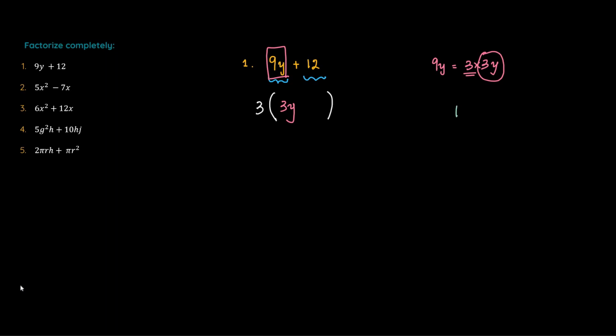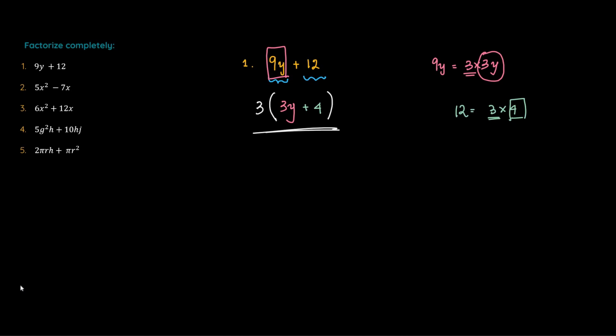Likewise, 12 can be interpreted as 3 times 4. Since I have taken this 3 as a common factor outside, what remains is just the 4. And it should be plus 4 because it's a positive number. And this is how we factorize. So this is the factorization of 9y plus 12. That is 3 times 3y plus 4.